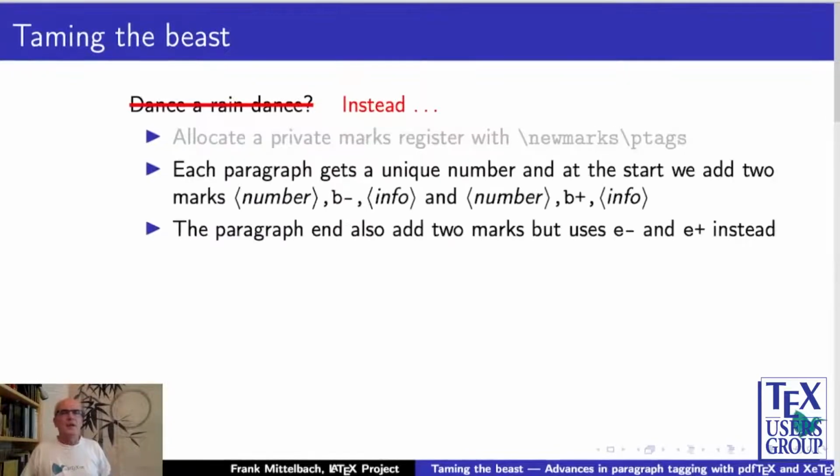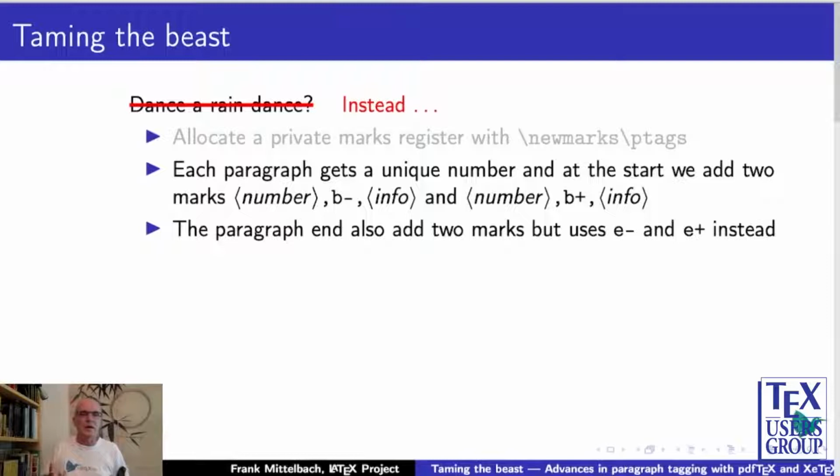For this, at the start of each paragraph, we add 2 such marks, and we do the same at the end of the paragraph. The marks differ only in a tiny part. One contains a minus sign in one place and the other contains a plus sign at this point.